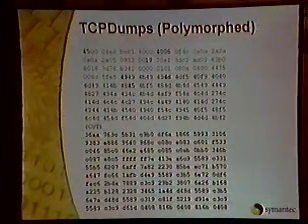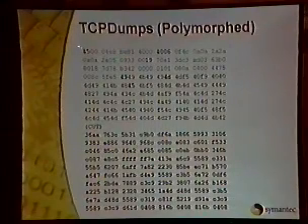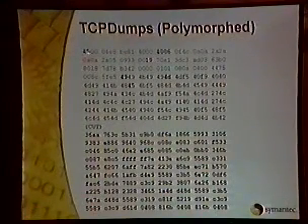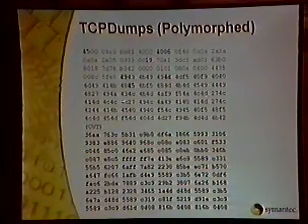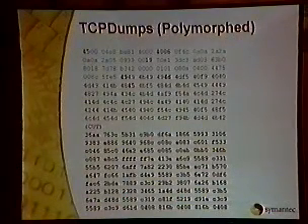Here's a polymorphed one. It's the same attack, but it's been polymorphed. We still know it's IP. We still know that it's TCP. It's port 25, but here where all the 90s are is all the substitutional no-ops.